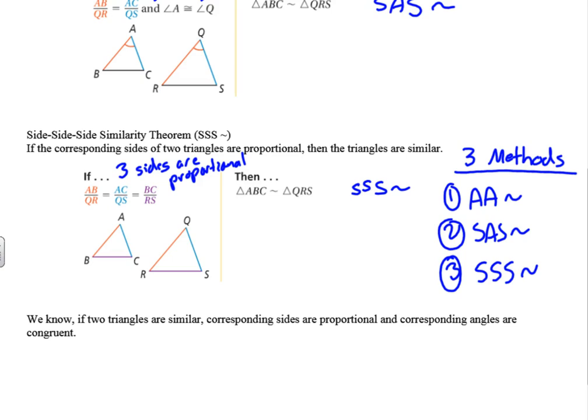If two triangles are similar, then we know their corresponding sides are proportional and their corresponding angles are congruent. This is the kind of stuff that can follow once we prove similar, that we'll have proportional sides.